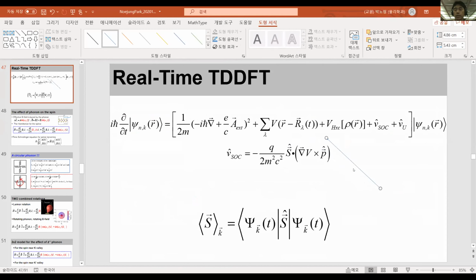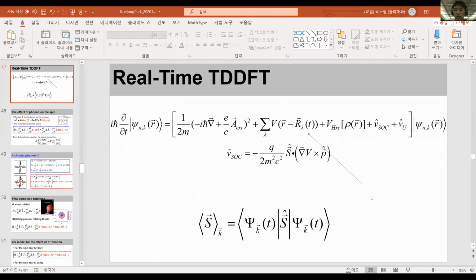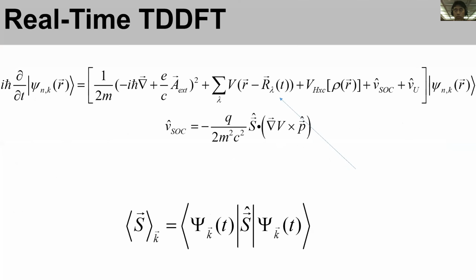We just described the phonon as a classical vibration of the atom. So the atom is vibrating, the atom is oscillating. This is a time-dependent atom position, and the classical vibration of the atom gives a scalar potential. This is the ionic potential.